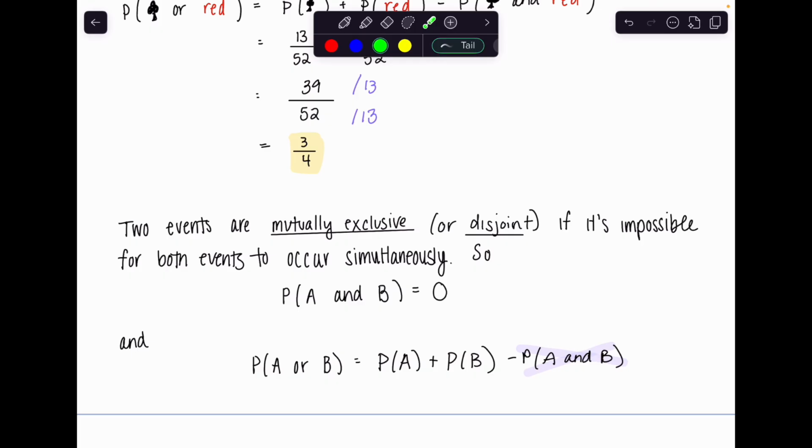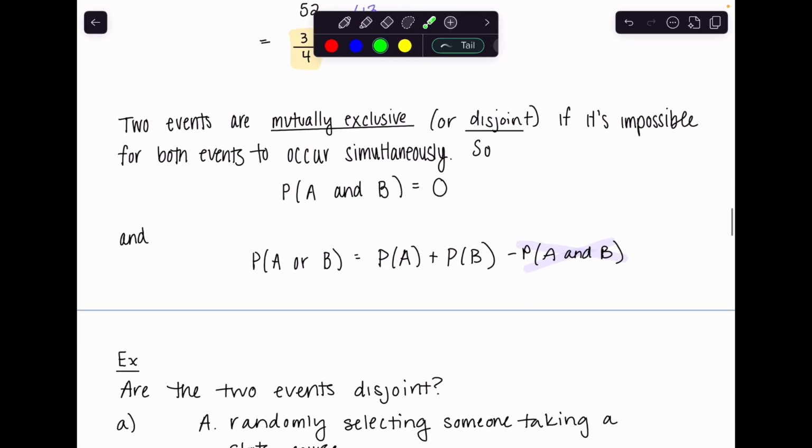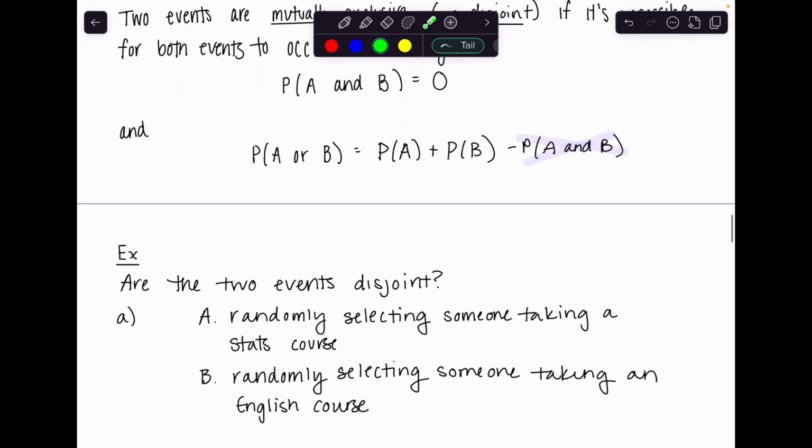Again, we're going to be working a lot with surveys and analyzing those. So in this next example, we're going to try to figure out: are these 2 events disjoint or not? We want to see, can both events occur simultaneously? If so, they're not disjoint. But if it's impossible for them to occur simultaneously, they are disjoint.